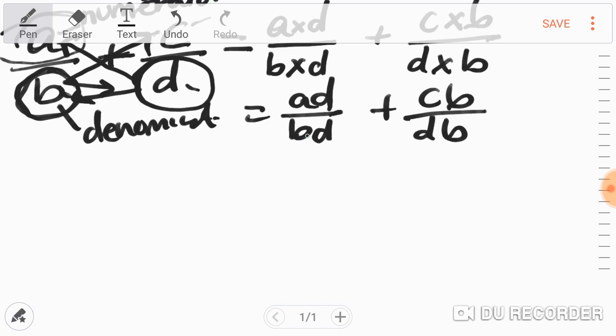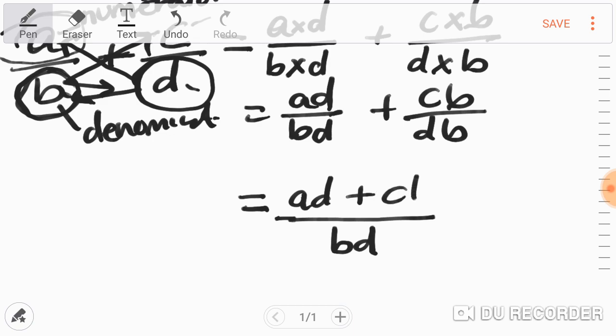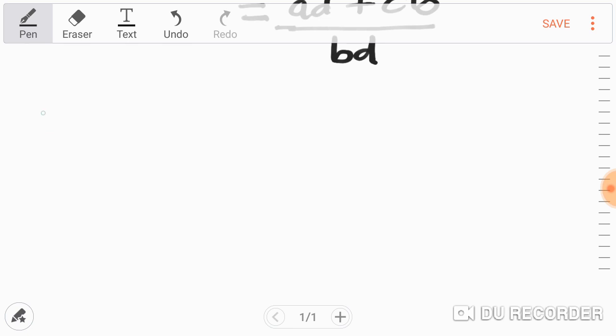So now the denominators are the same, right? Which is BD. You will only add the numerators, AD plus CB, right? So let's move to subtraction.